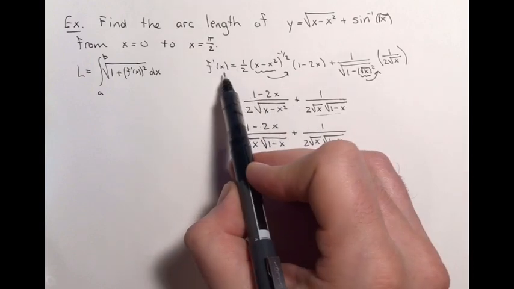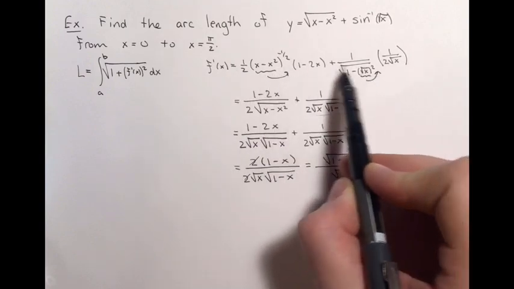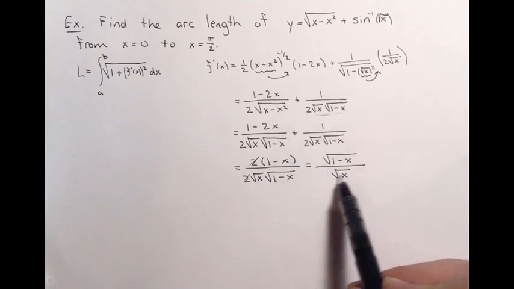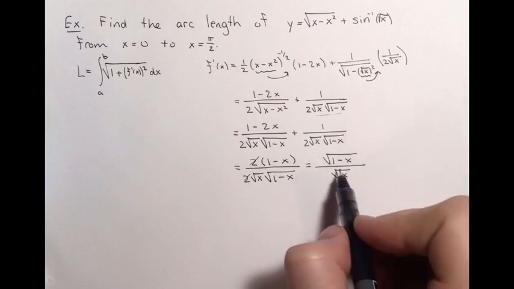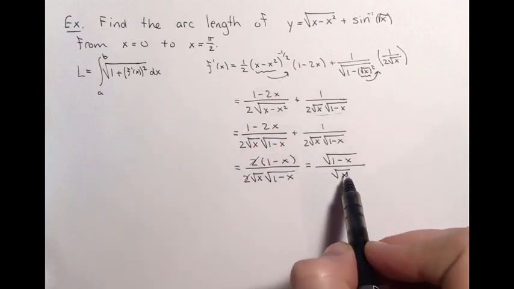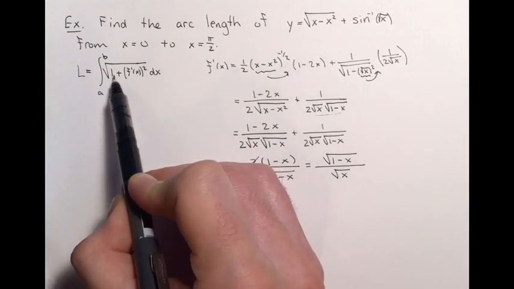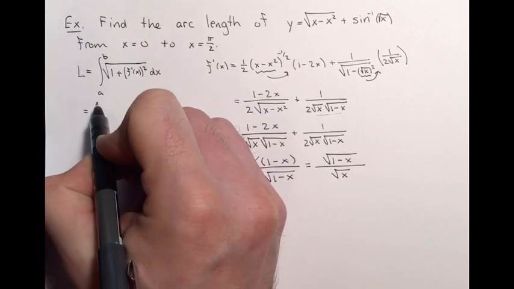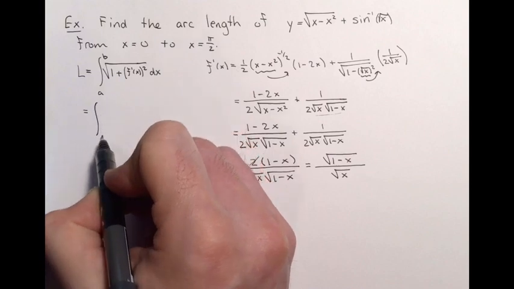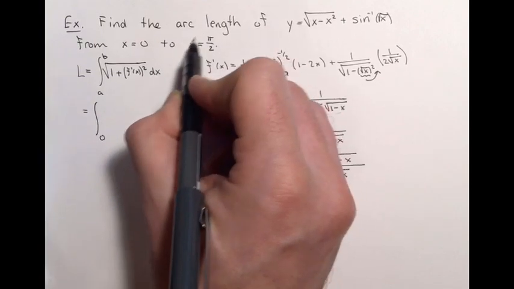So believe it or not, both those two terms simplify, bring them all together, and you are left with just this. And actually that's not even all. If I take that derivative, you'll notice what we want to do is square it, and then we're going to be adding 1. So let's go and do that right now. I know my limits of integration are 0 to pi over 2.